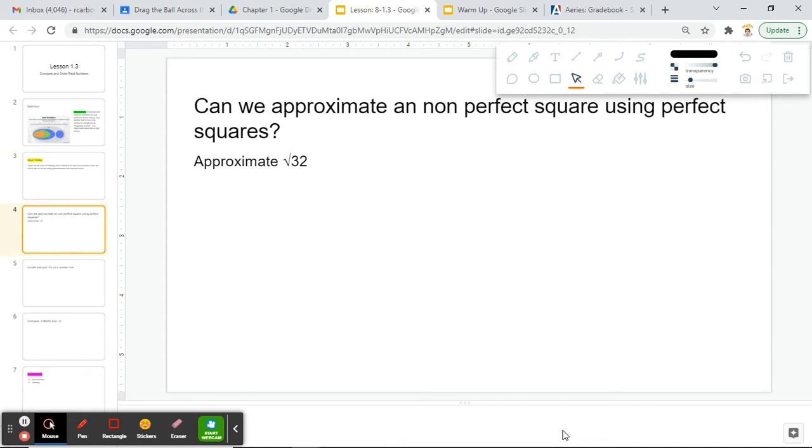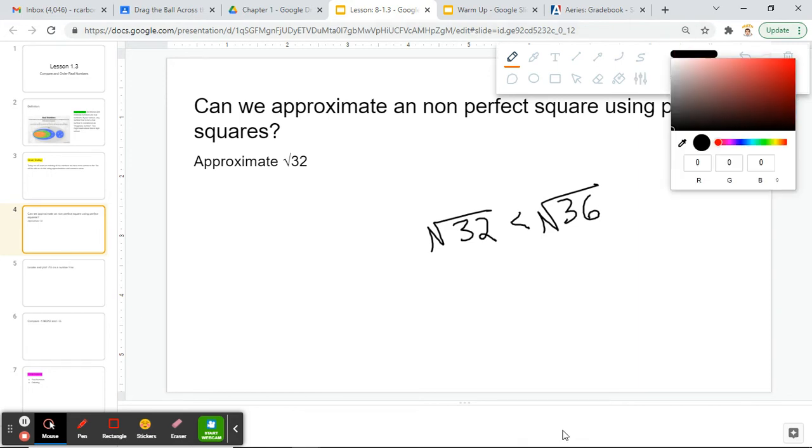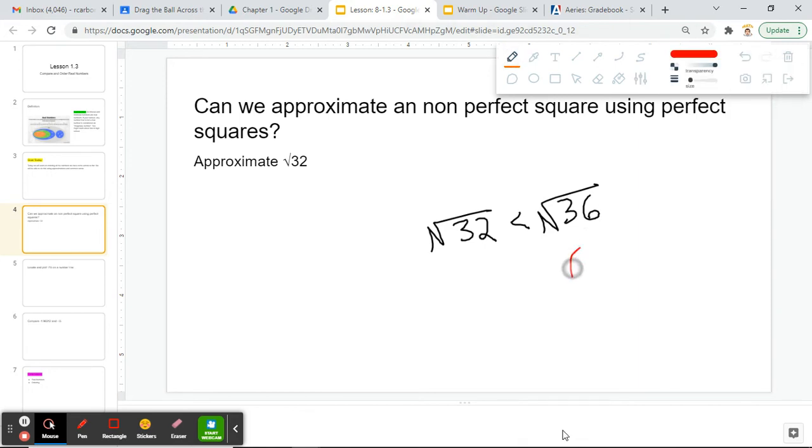All right, so can we approximate a non-perfect square using perfect squares? We want to approximate the square root of 32. What it really means is we want to have a perfect square that is both above and below this number. I know the square root of 32 has to be less than the square root of 36, because 36 is a larger number than 32, and 36 is a perfect square because the square root of 36 is 6.